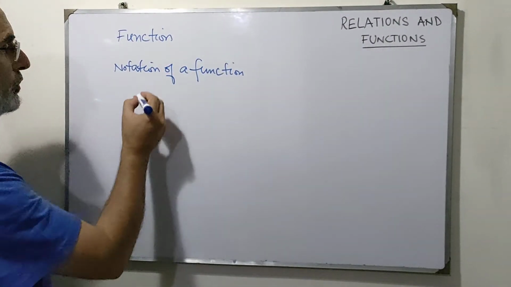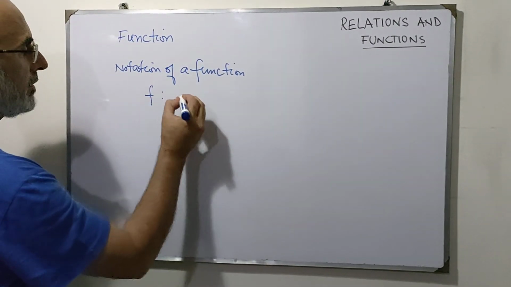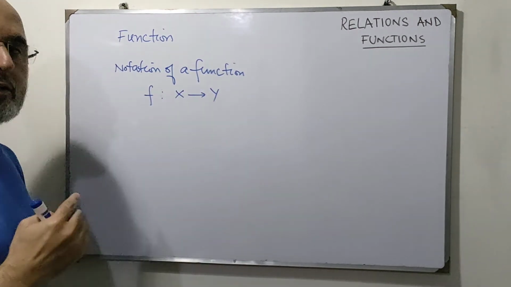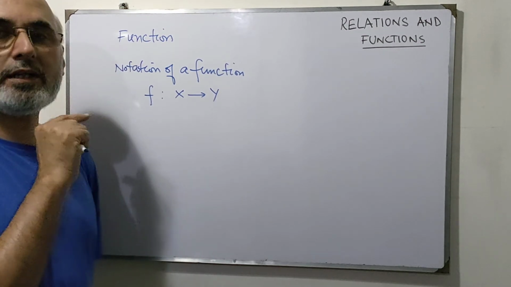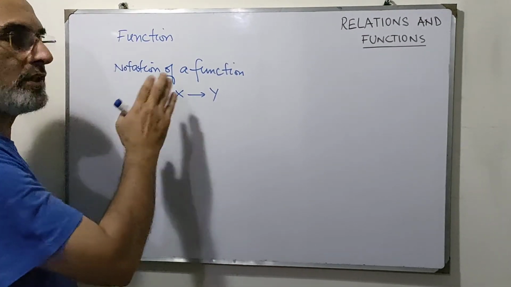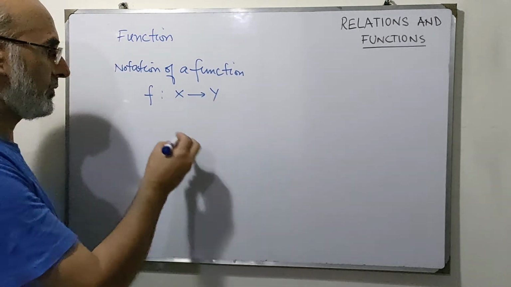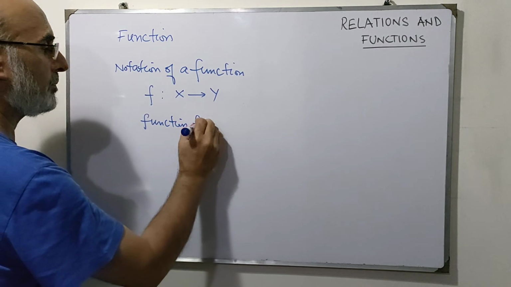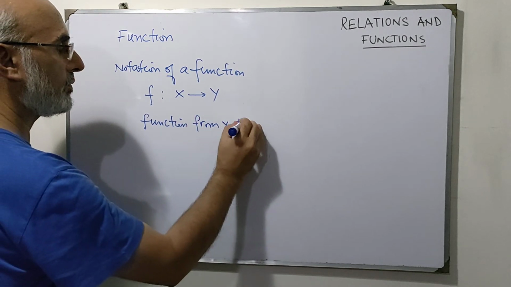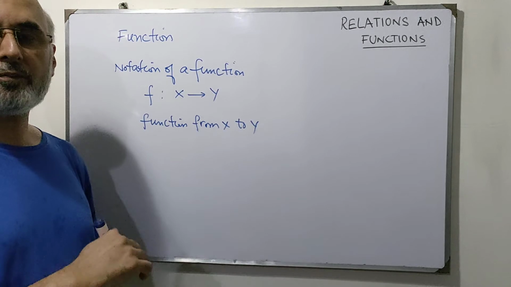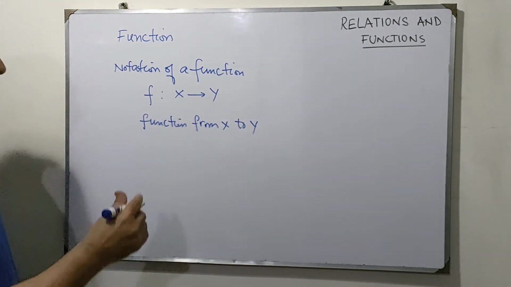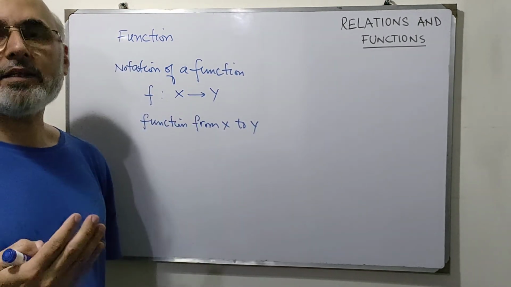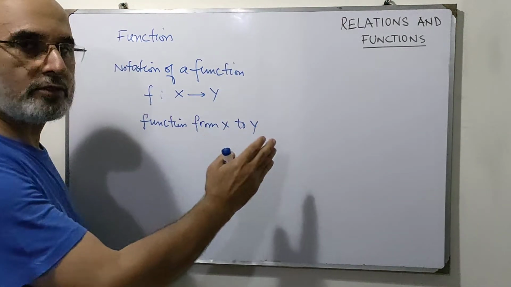Functions are usually written as f colon x to y, and what it means is a function from x to y. It's a mathematical way of writing a function. So, a function from x to y.